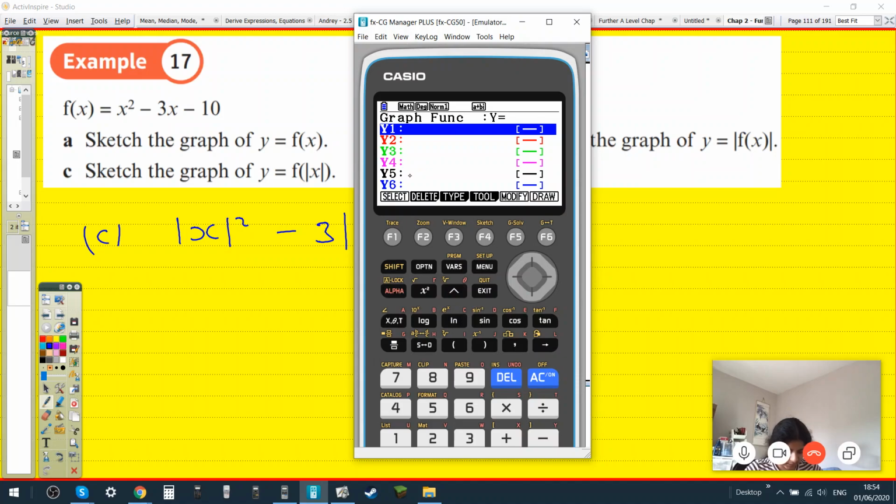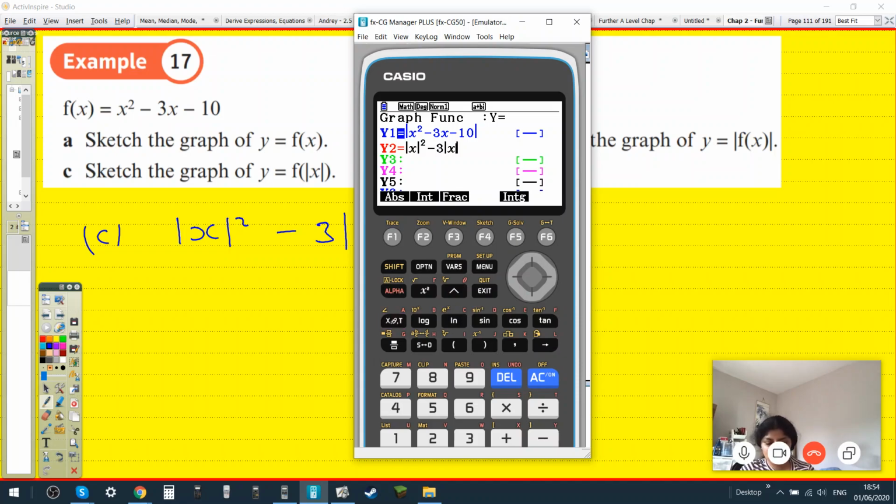I'm trying. How do you do absolute again? Option numeric. X squared. I think it's negative. It starts off below the x-axis and then goes up.